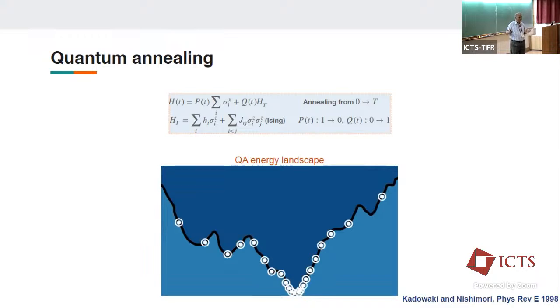There will be some dissipation, but so therefore a single anneal will not guarantee that you've got the proper minima. So you may have to repeat this many times.